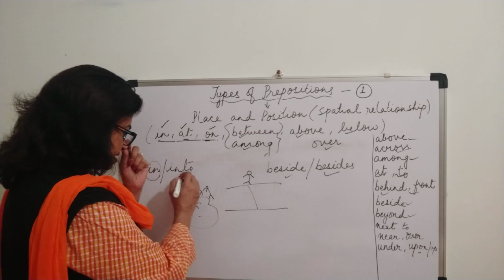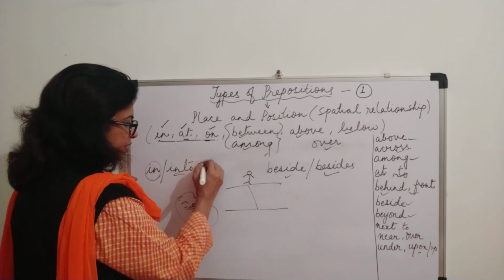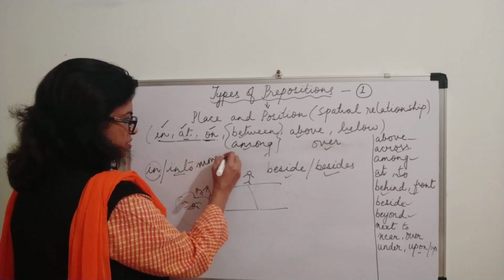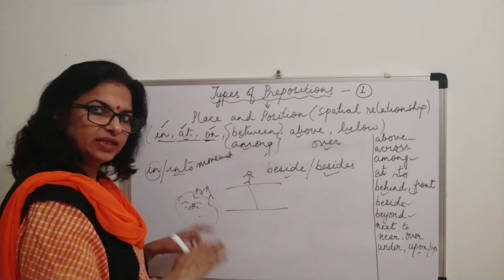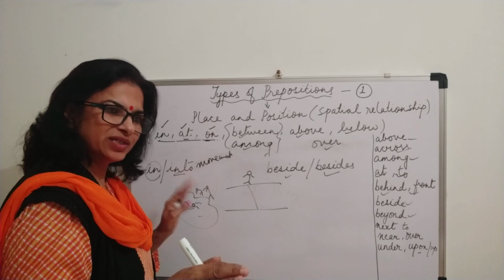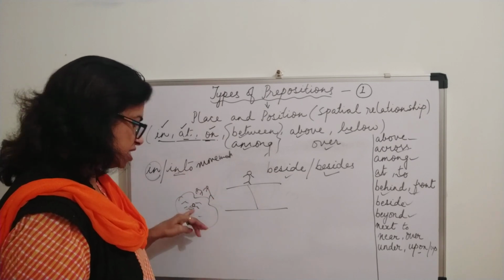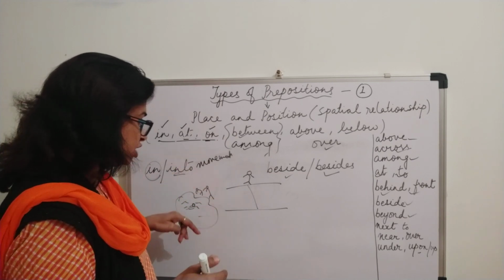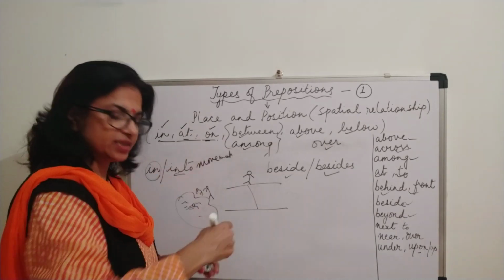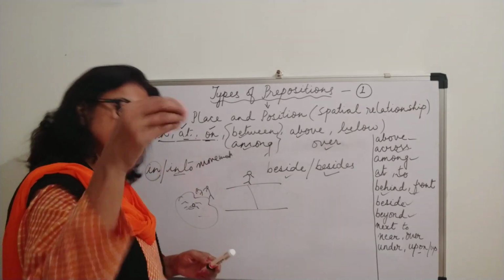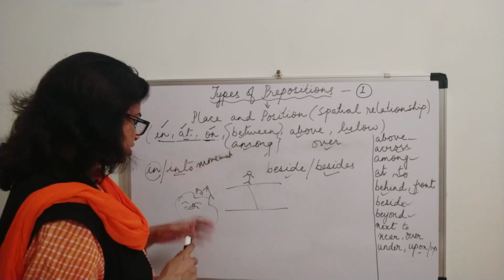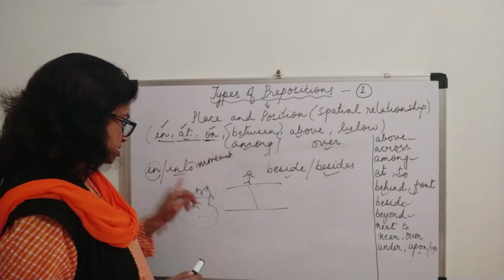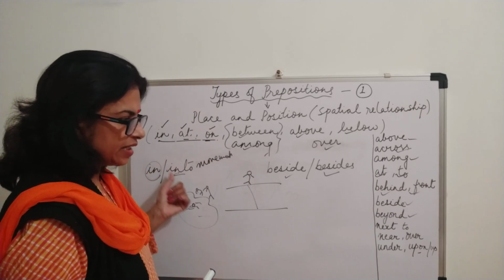There is a movement in this. Whereas in there is no movement. He is there only in the pond. Though the movement is going on inside, but he is still. But into the pond, that means the movement is there. That means he is going to jump into the pond, inside the water, and then he'll come up. So into and in. So this is the difference between in and into.